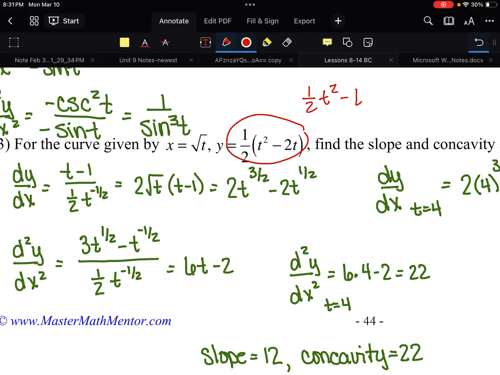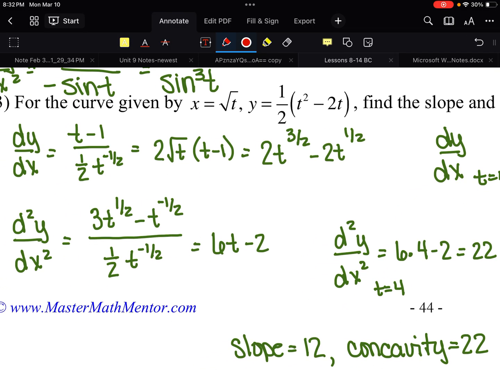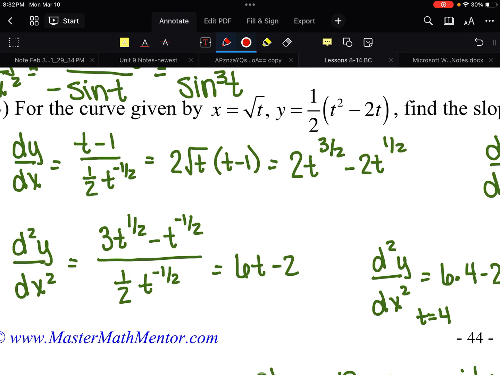If you do dx, the derivative of square root of t is 1/2 t to the negative 1/2. So here's all the algebra. That's really t minus 1 divided by 1 over 2 square root of t. So when you multiply by the reciprocal and then distribute, you get t times 2 square root of t.